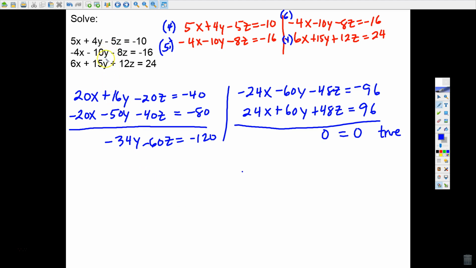These are representing three different planes, and they would all converge into the same line. And so any ordered pair that happened to fall on that line would represent a solution to the system. So this is the case that we call the infinite number of solutions.